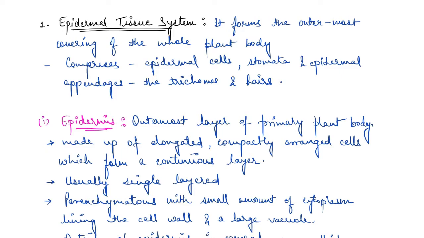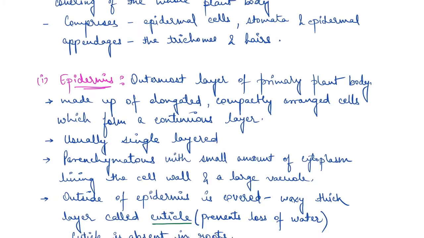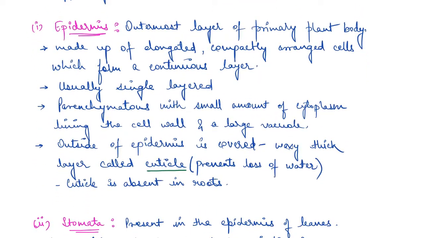Now let's first see what is epidermis. So epidermis is the outermost layer of the primary plant body. It is made up of elongated, compactly arranged cells which form a continuous layer, right?